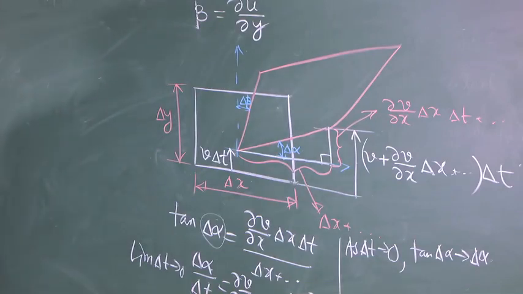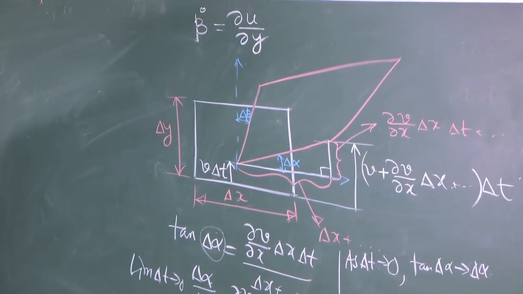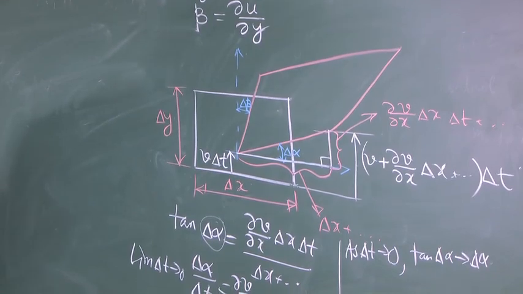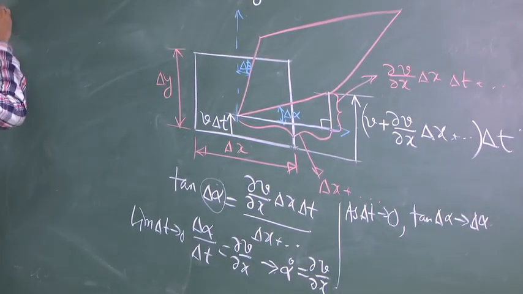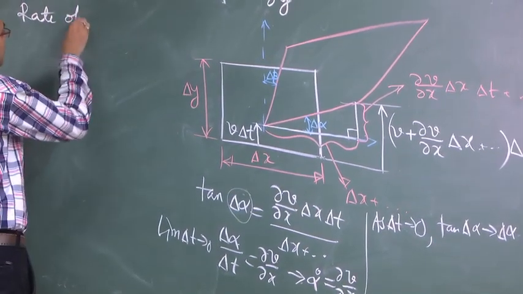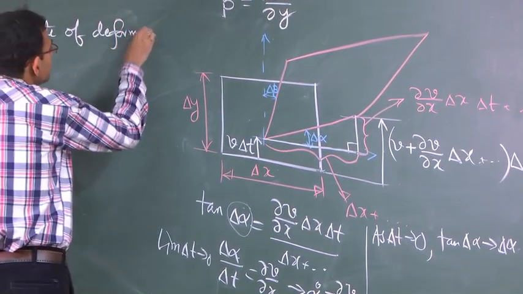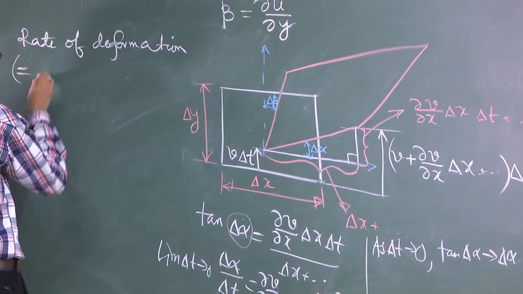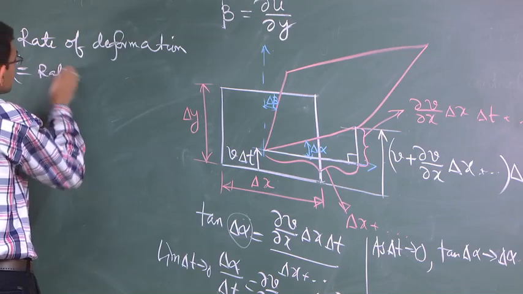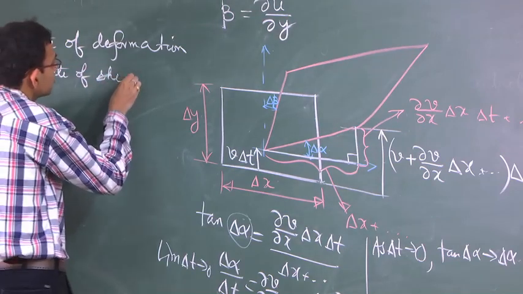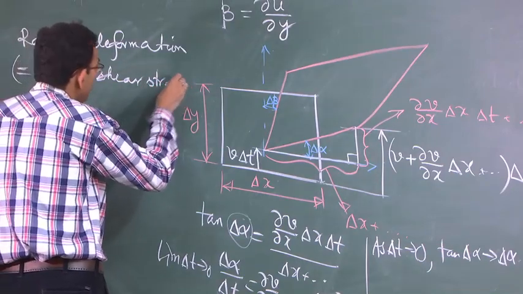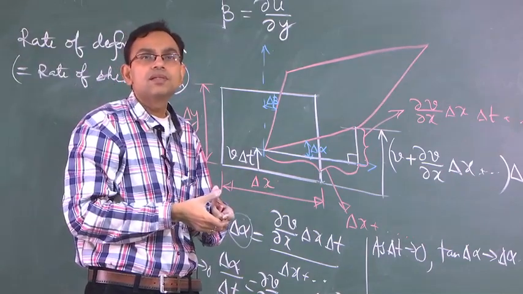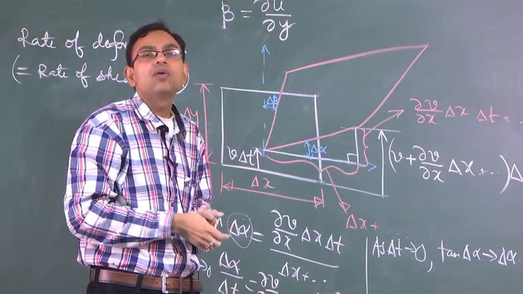Now, the big question is, what is the rate of deformation? So, the rate of deformation or rate of shear strain, these are synonymous terms, is the rate of change of the angle between two line elements, by definition, which were perpendicular to each other.